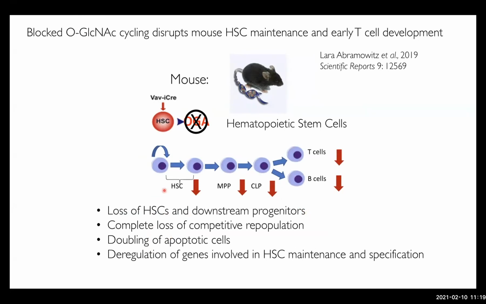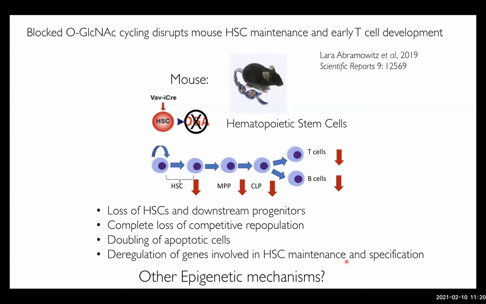There was a complete loss of competitive repopulation in bone marrow transplant studies. There was a doubling of apoptotic cells, suggesting that proliferation was inhibited and apoptosis was activated. And there was evidence for deregulation of genes involved in hematopoietic stem cell maintenance and specification.